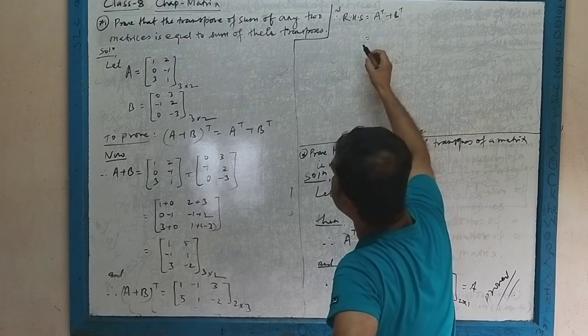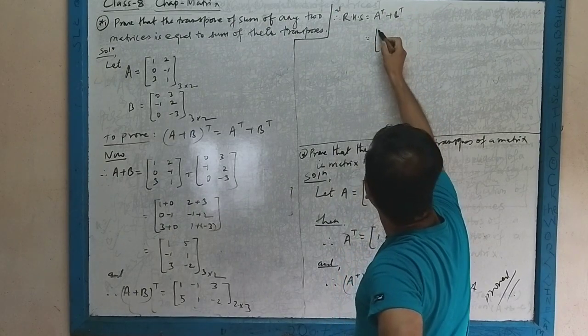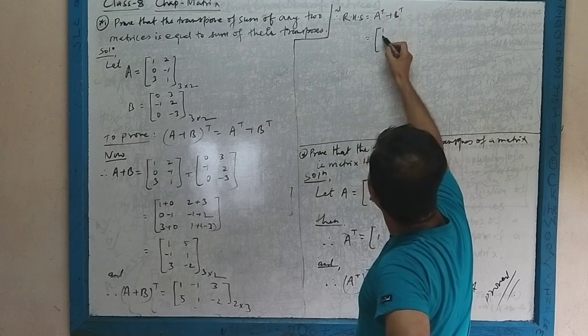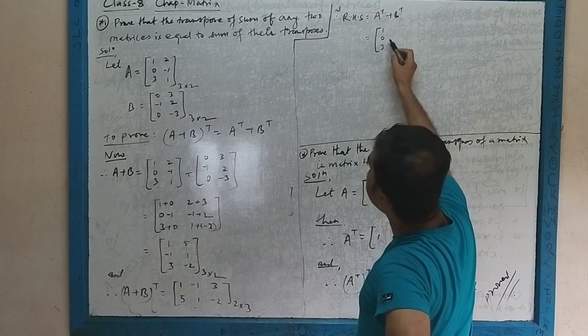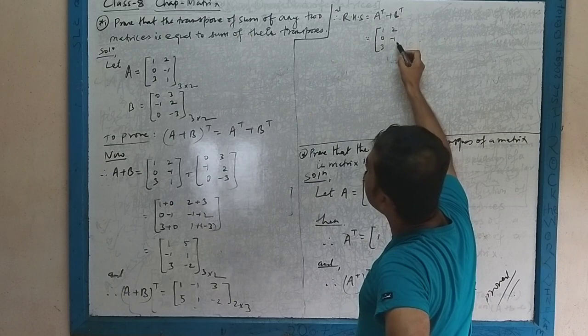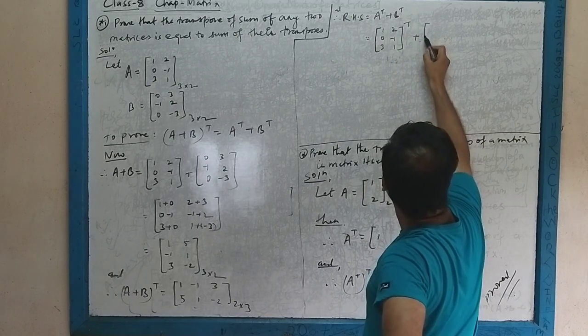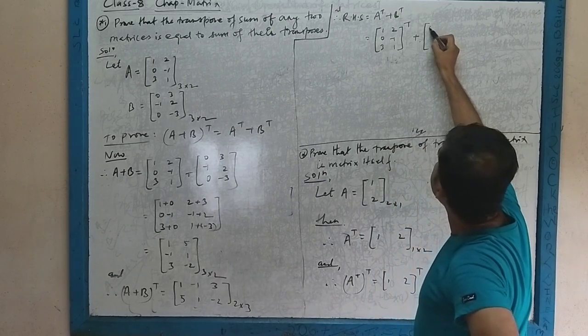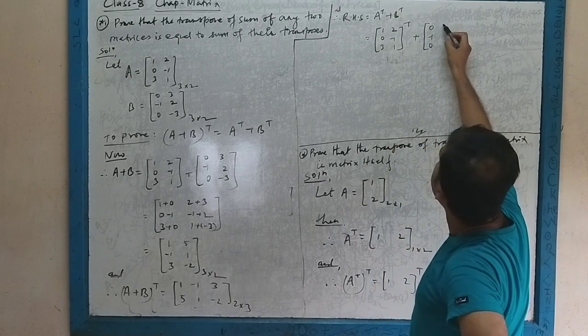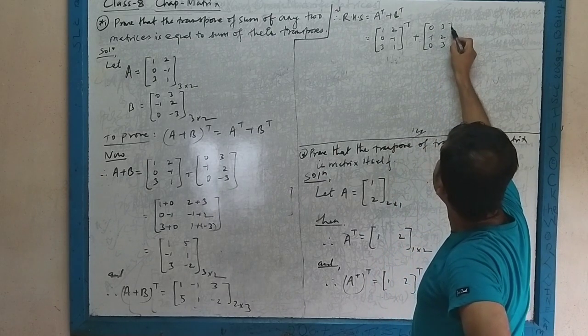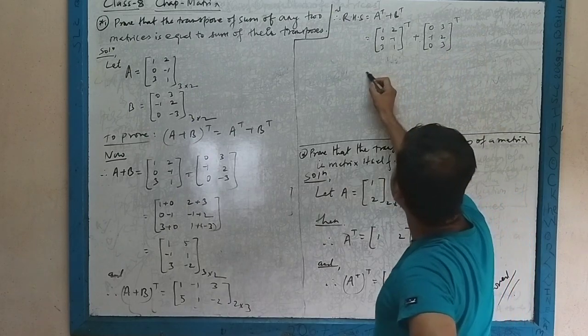What is A transpose? Write the matrix A: 1, 0, 3, 2, minus 1, 1. Its transpose, plus, what is B? 0, minus 1, 0, 3, 2, 3. Its transpose.